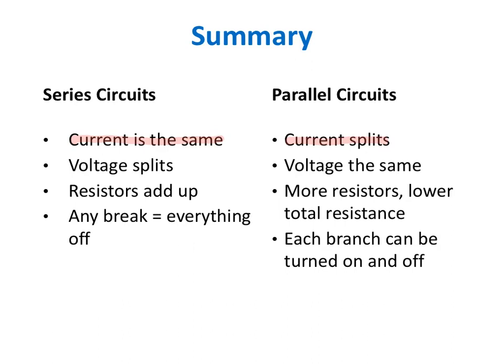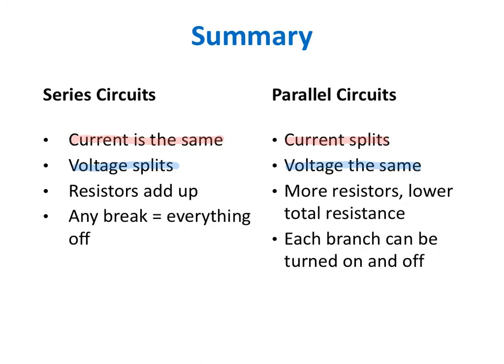How much goes down each will depend on the resistance of the components along each separate path. If we consider voltage, in a series circuit, the voltage is shared between each different component, whereas in a parallel circuit, the voltage is the same for each loop.